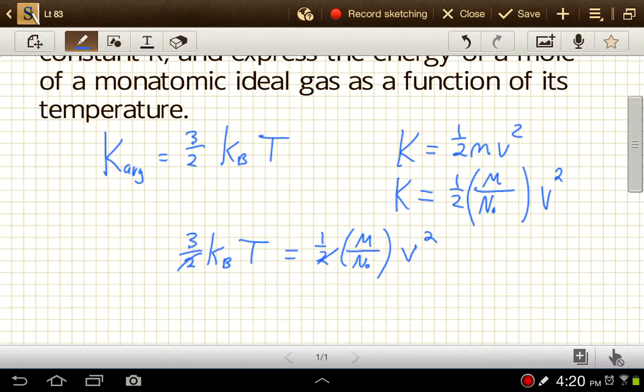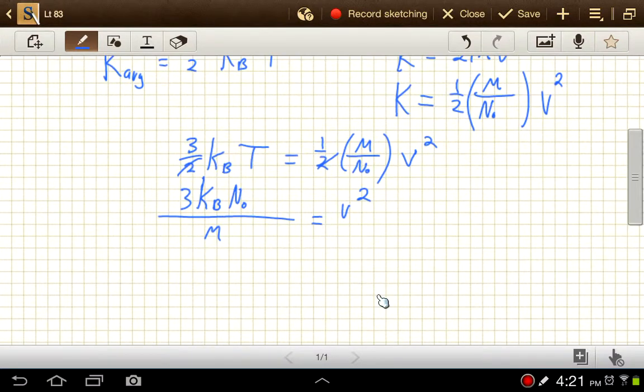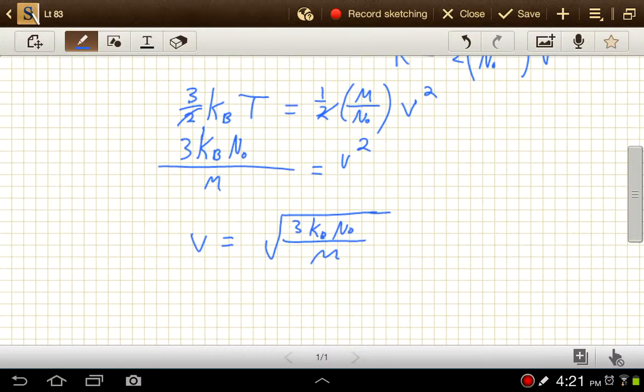So we'll multiply both sides by N naught, so 3 Kb times N naught, then divide both sides by the molar mass, capital M, is equal to v squared. If I rearrange this a little bit, v is equal to the square root of 3 Kb times N naught times T divided by M. Oops, I forgot a T here.